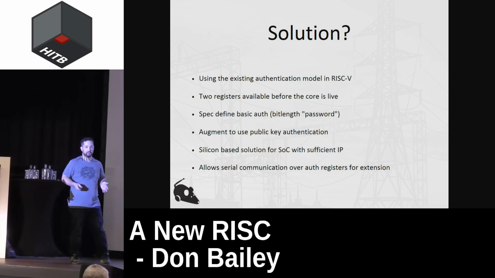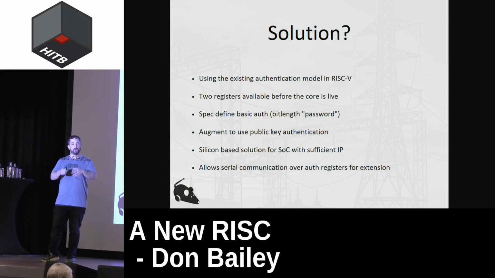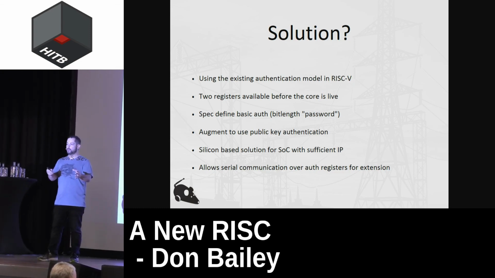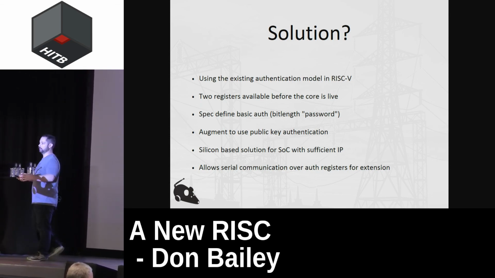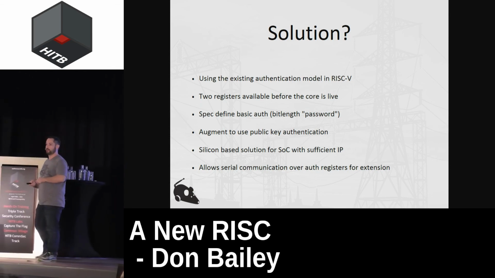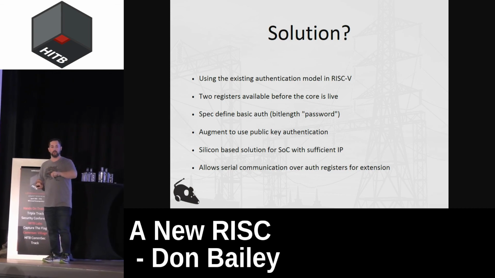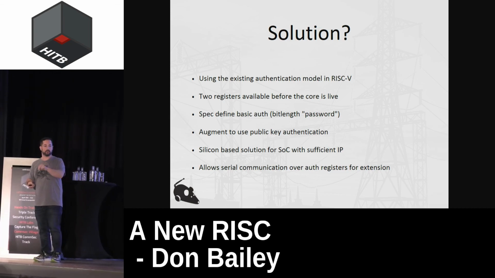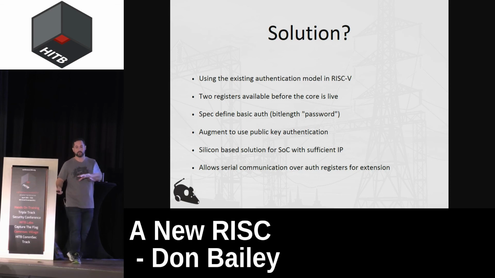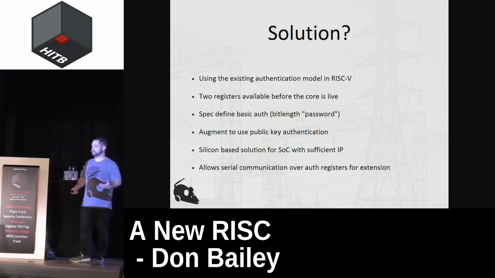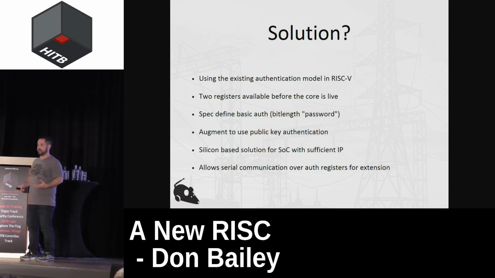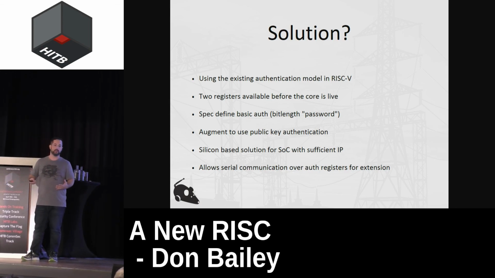And the debug specification is basically going to say, here's an example of how we're implementing public key authentication. So now we can do public key authentication where something can be signed. We don't actually have to store a security key in silicon or somewhere in like mask ROM or something of that nature. What's really easy to do is we basically just have a signature checking algorithm that ensures that something has been signed by the proper key. So you basically say, all right, we're going to sign this authentication message.